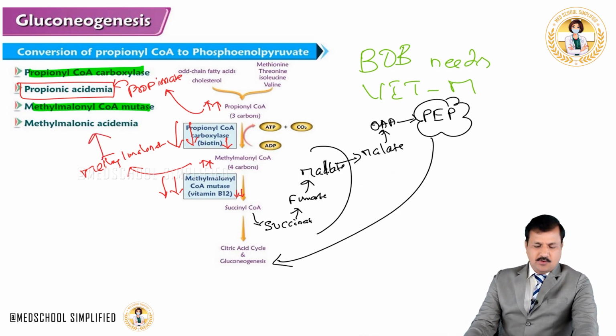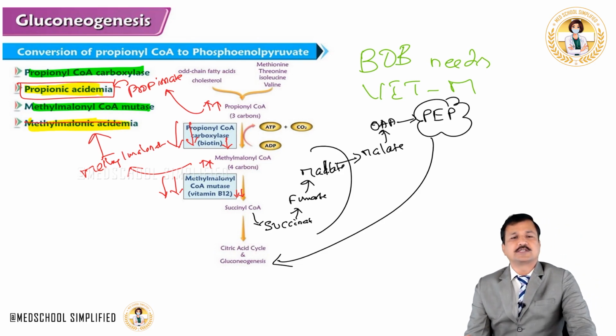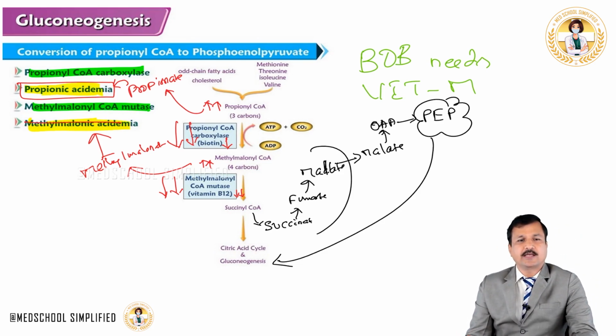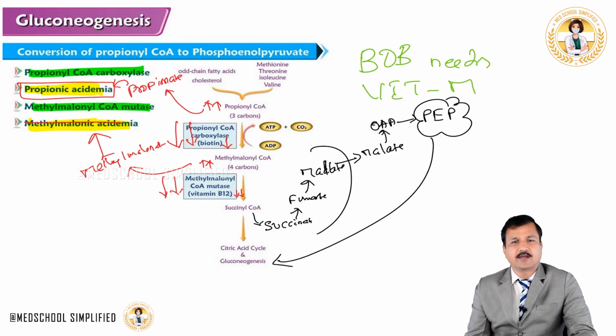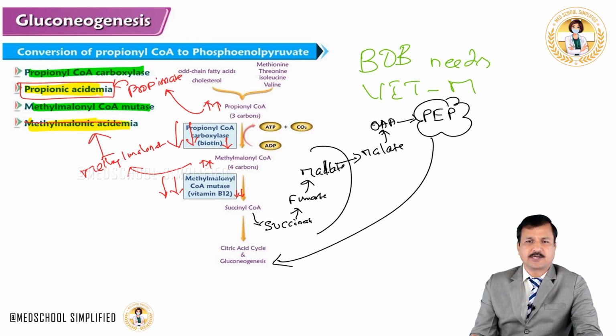Okay, so this is how two diseases can be caused because of decreased activity or deficiency in the coenzyme for these enzymes. One is propionic acidemia, the other is methylmalonic acidemia. Either it can be congenital or it can be acquired because of deficiency of either biotin or cobalamin in propionic acidemia or methylmalonic acidemia respectively.